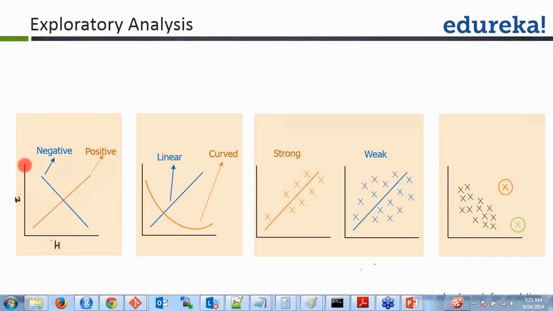There will also be examples of negative relation. Let's talk about the number of people in a company on this axis, and the visibility or interaction freedom that the employees have on the other.